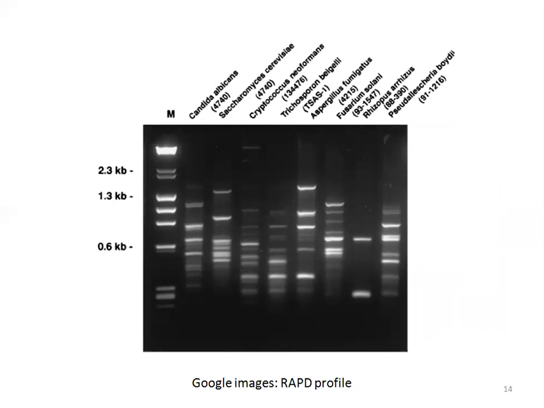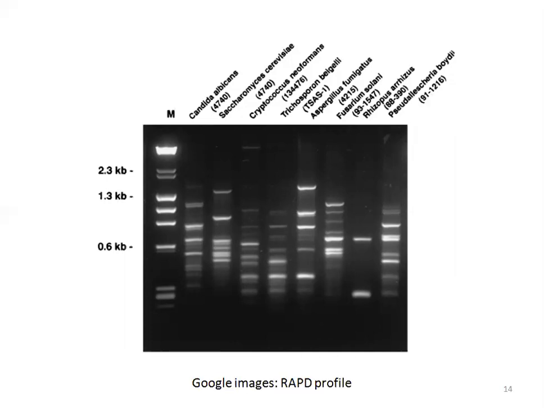And here you can see the names of different taxa. These are all the fungal taxa which are used in this experiment. The number and size of RAPD bands on electrophoresis gels can be compared between different species or strains, provided that all samples have been produced under identical conditions.